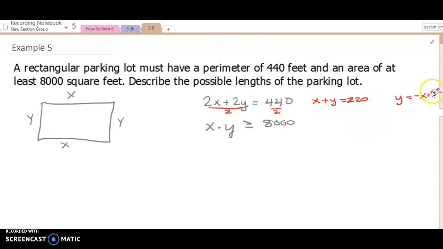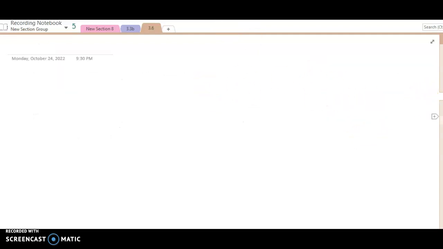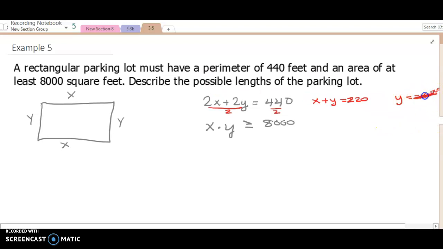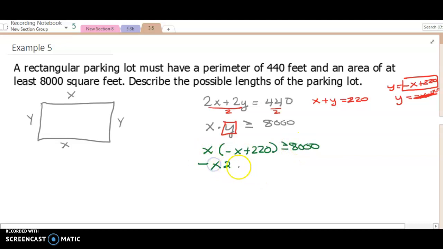Then y equals negative x plus 220. There, that's better. Now that I know what y is, I'm going to substitute it in here. So I get x times negative x plus 220 has to be greater than or equal to 8,000. And this is just negative x squared plus 220x is greater than or equal to 8,000.